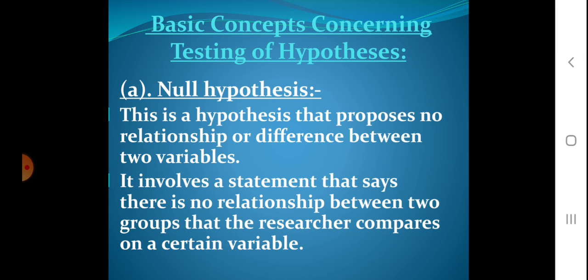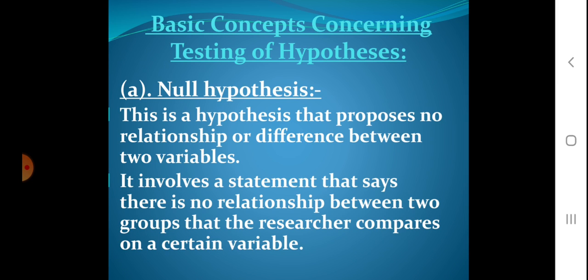It involves a statement that there is no relationship between two groups that the researcher compares on a certain variable. The hypothesis may also state that there is no significant difference when different groups are compared with respect to a particular variable.